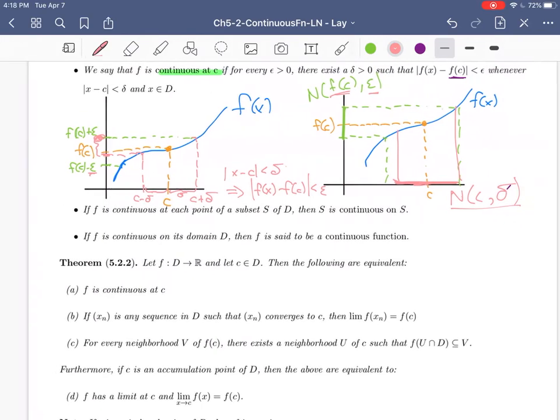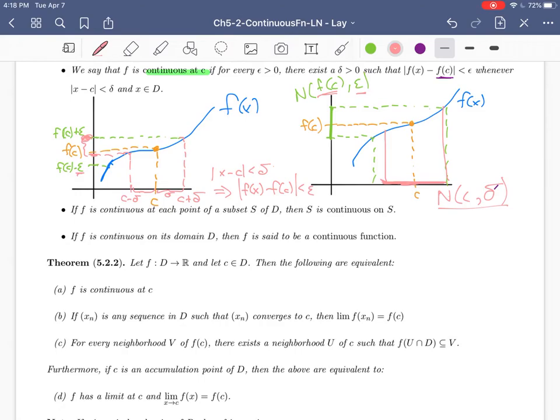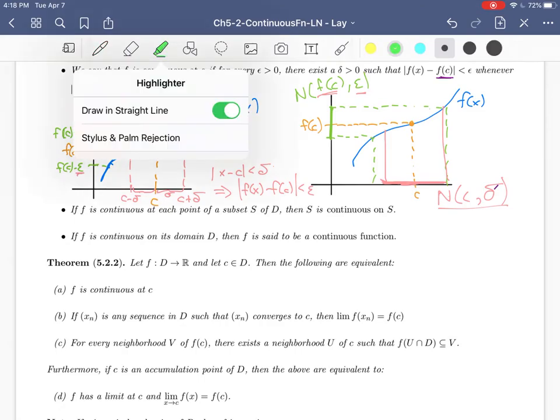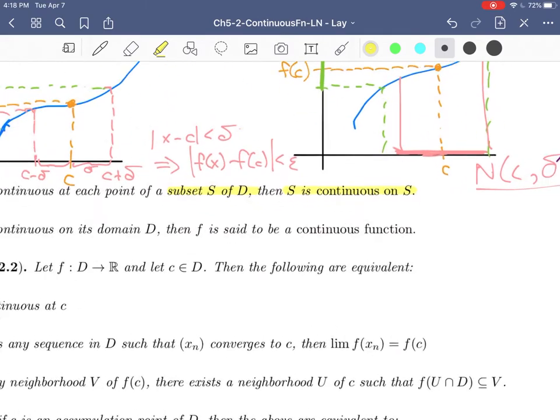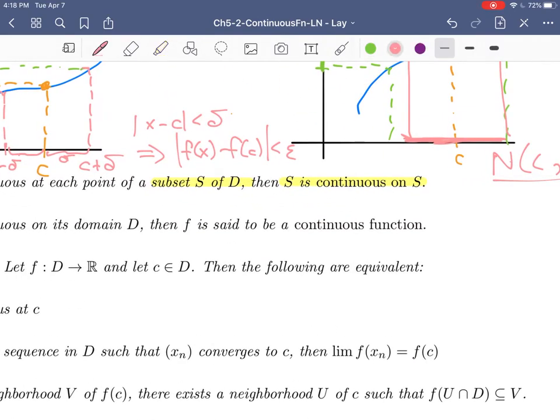Right? And so that's continuity. If f is continuous at each point in a subset S of D, then f is continuous on S. That should not say S, that should say then f.